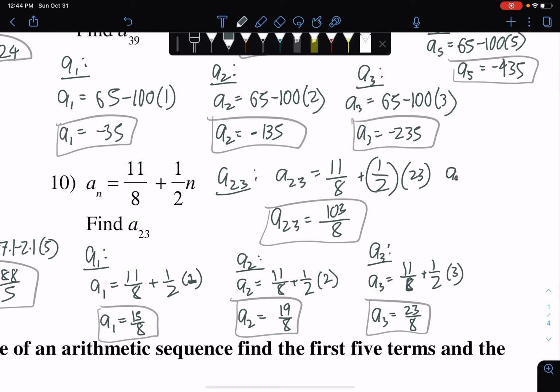For a sub 4, the same formula. Maybe I won't be writing it anymore, but we'll just replace the entire formula with 4 as n. There you go. Our answer is 27 over 8.